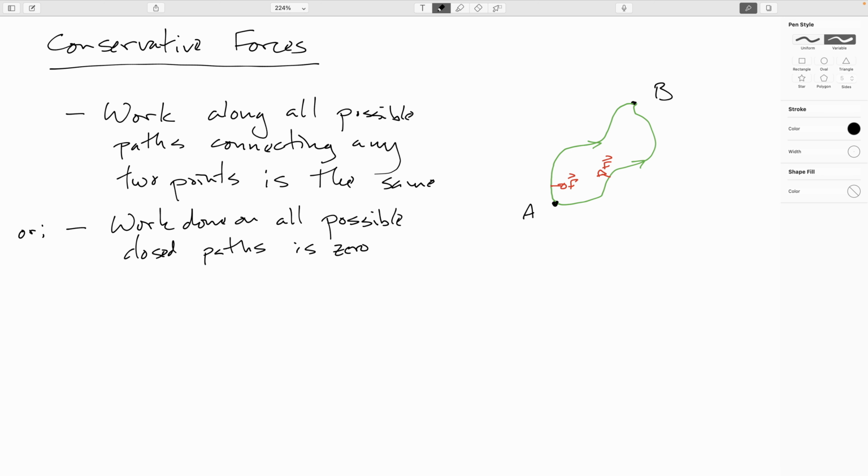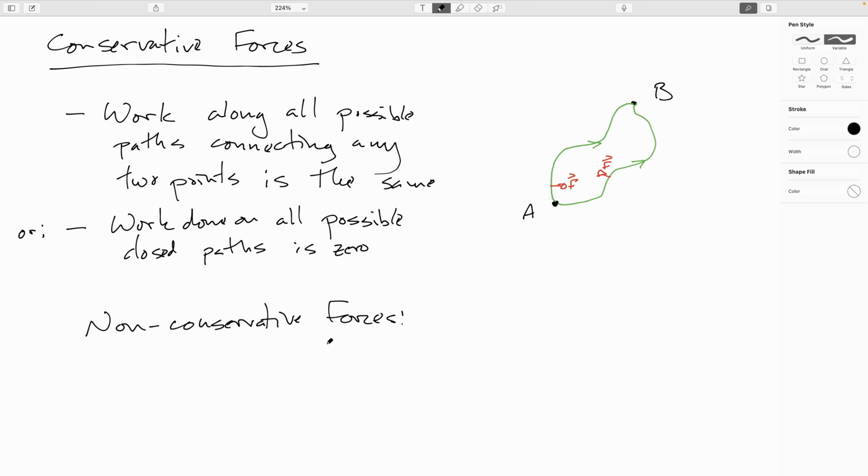To be a non-conservative force, all you have to do is find literally one example where the work done along two different paths is different, or conversely, find one closed path where the work done is non-zero. So let's just take a look at the poster child for non-conservative forces. And then we'll get back and take a look at an example of a conservative force in a bit.